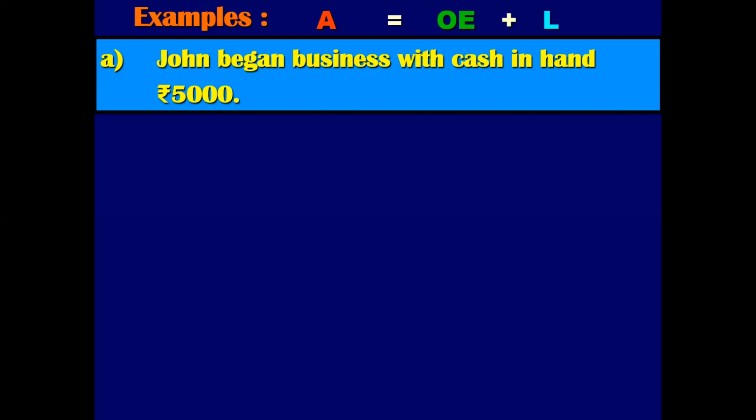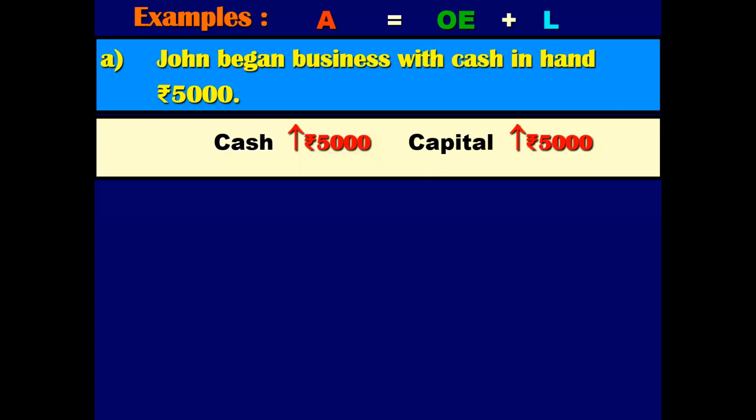So when you receive 5,000, one asset increases, and at the same time one liability, capital, also increases. See, the business receives cash in the name of capital. That's why cash increases, and at the same time capital also increases. This is your first rule.